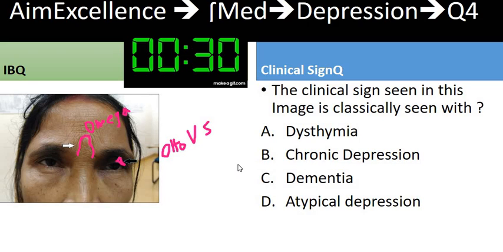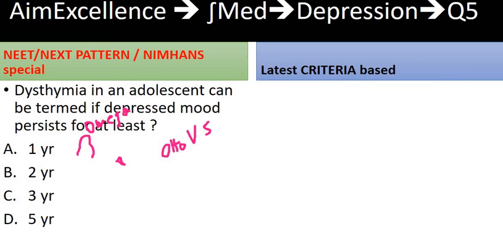Going to the last question. Dysthymia in an adolescent can be termed if depressed mood persists for at least how long? So we know in dysthymia the depressed mood should persist for 2 years, but that is in cases of adults.